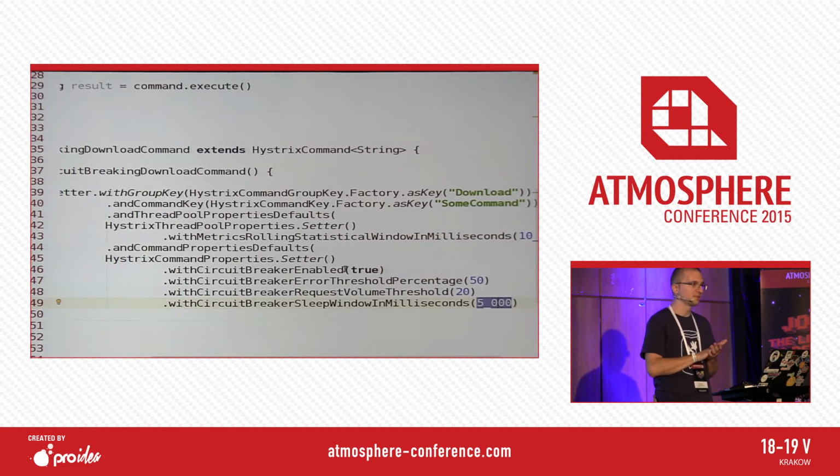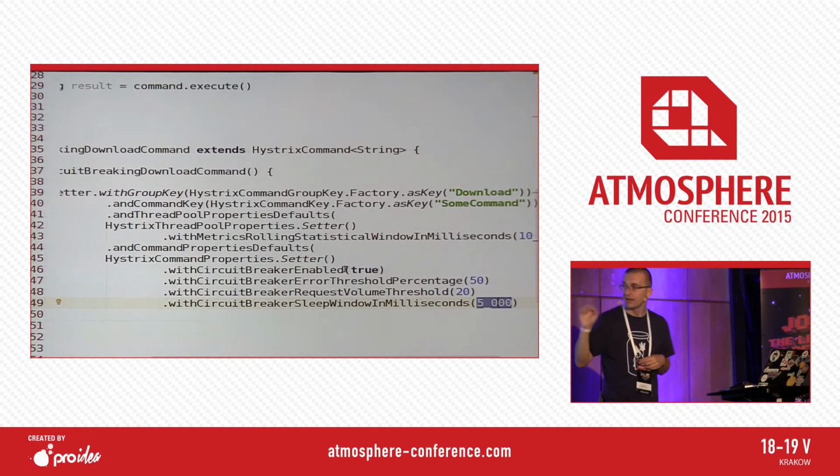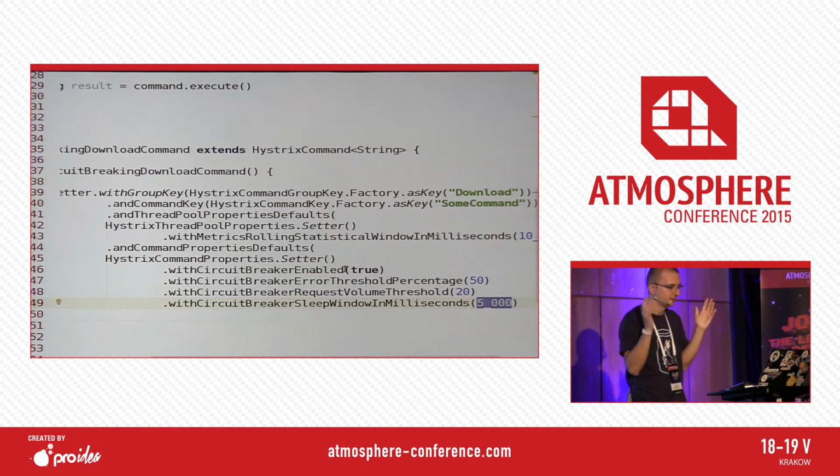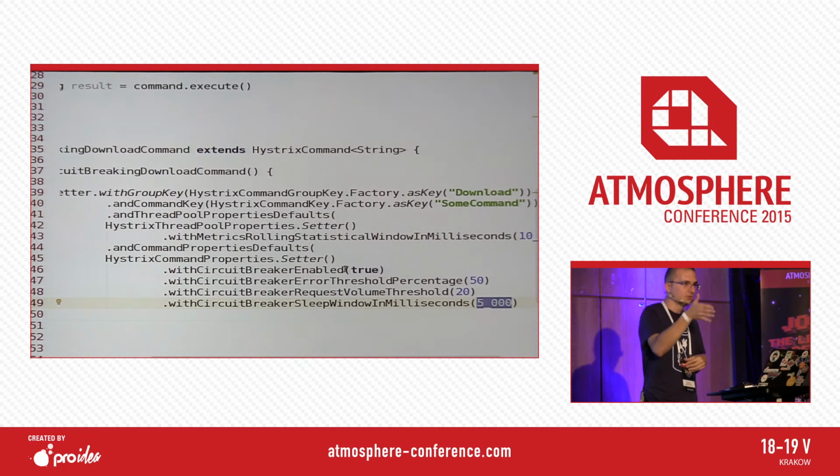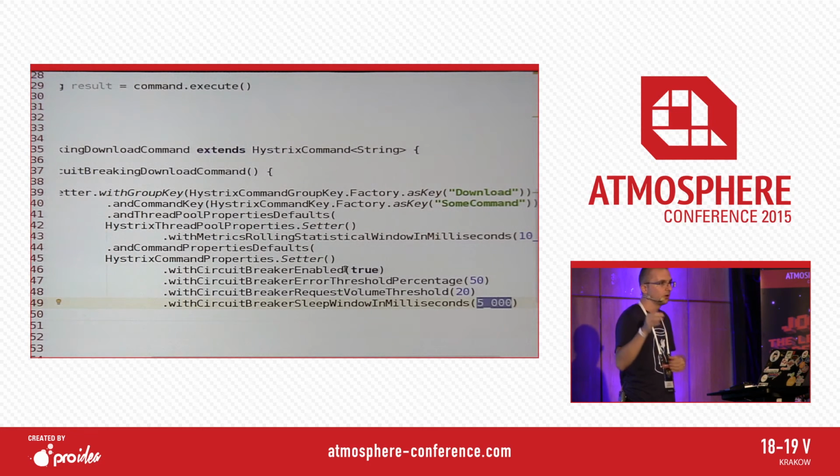And in the half-open state, after 5 seconds, it issues exactly one request. So exactly one request will actually touch the backend service, or actually go to a network call, whatever. However, all the other requests are still failing fast.